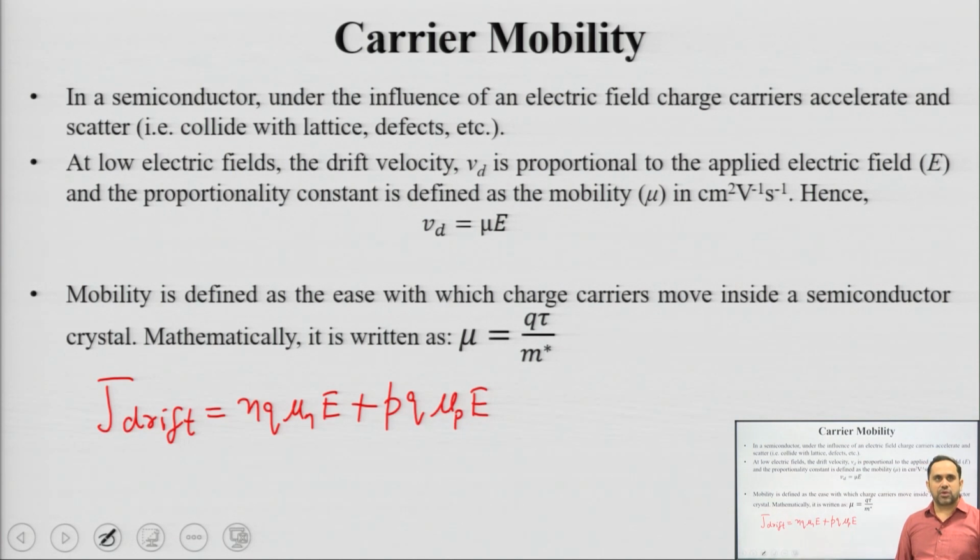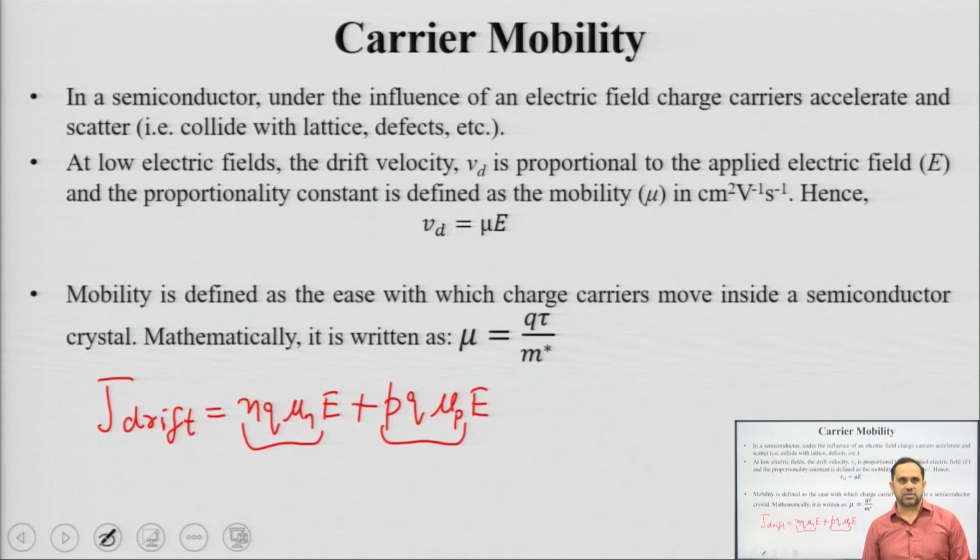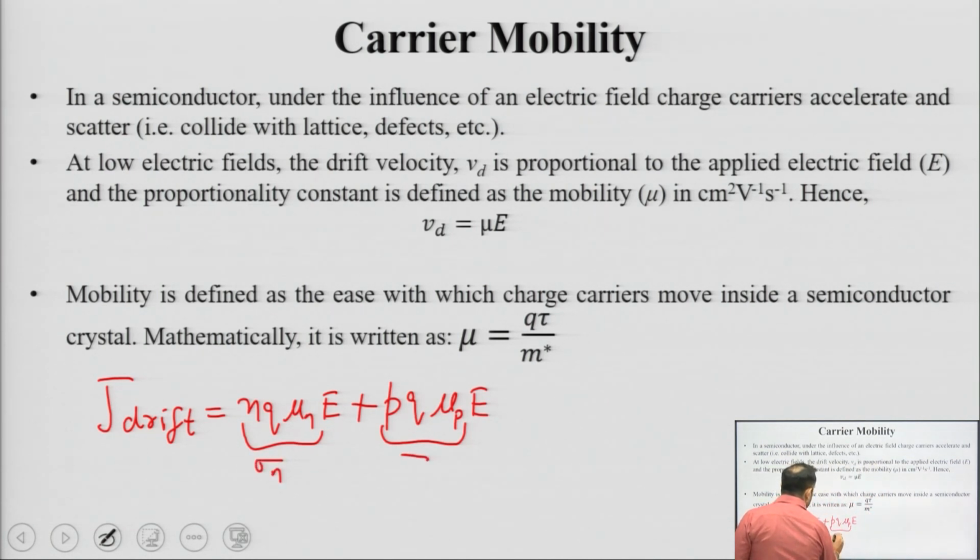Today, first of all, I want to do a small discussion on the topic of carrier mobility. If you see this parameter here, there is a similarity both for electrons as well as holes. Obviously, they depend on the applied electric field, but the value of current density is controlled by the material properties. This is the conductivity. n q mu n is the electron conductivity, p q mu p is the hole conductivity.